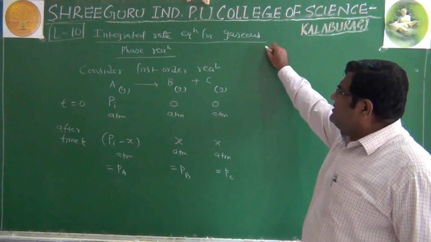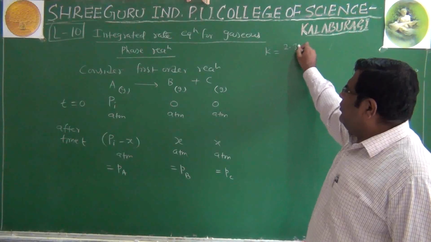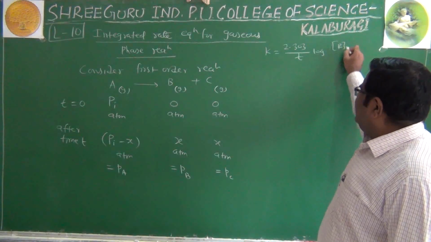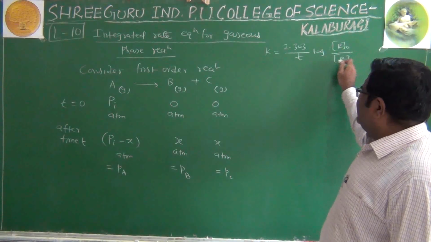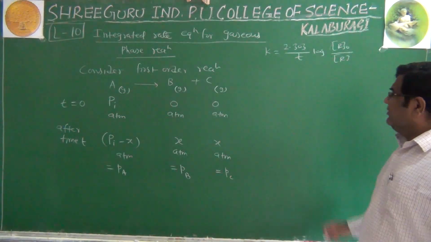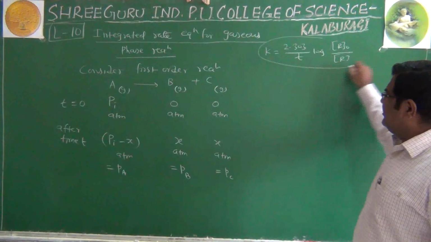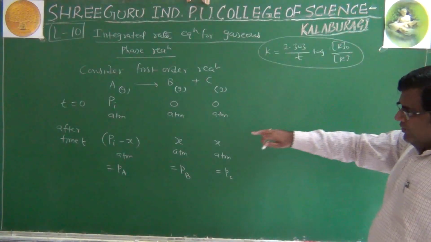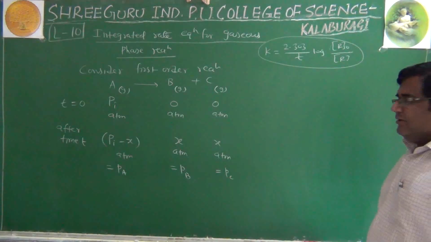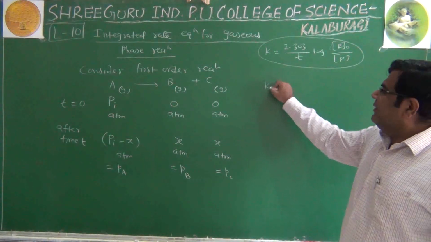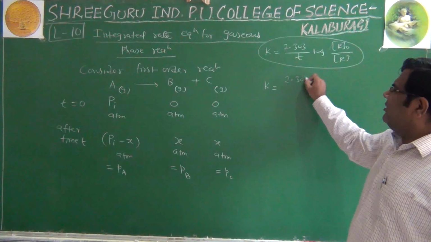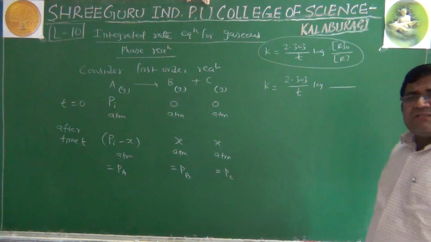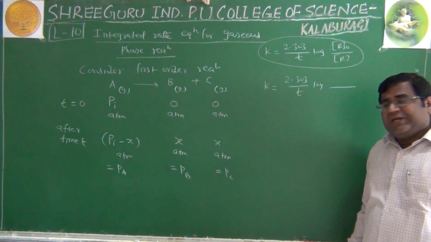Now we can consider this reaction. k is equal to 2.303 by t log of R0 by R. This we have written in terms of molar concentration. No need to write this equation in our derivation. We are only using this and substituting values from the conditions we are observing here. We can write k equal to 2.303 by t log of R0, which is nothing but the initial molar concentration of the reactant.